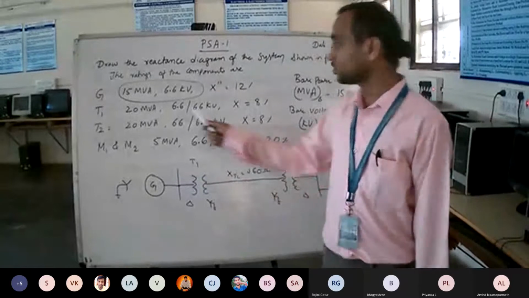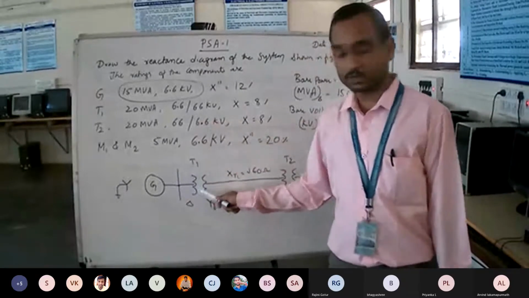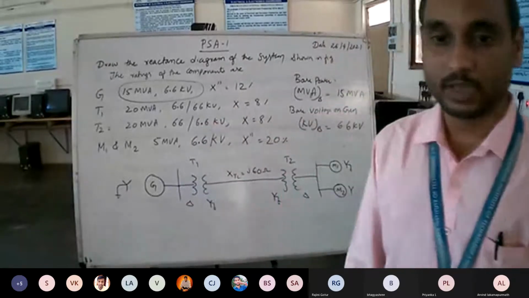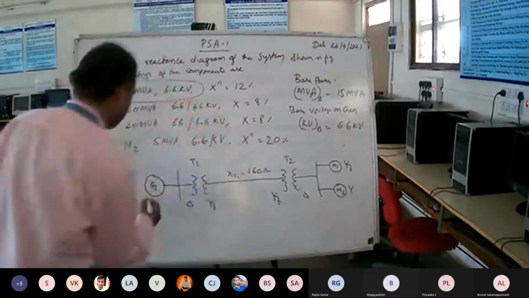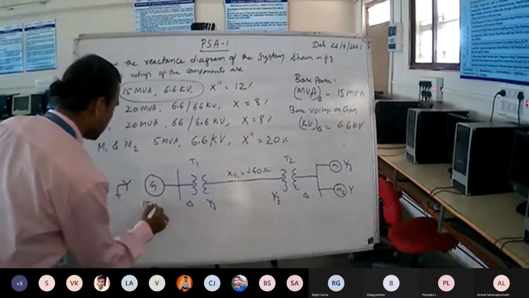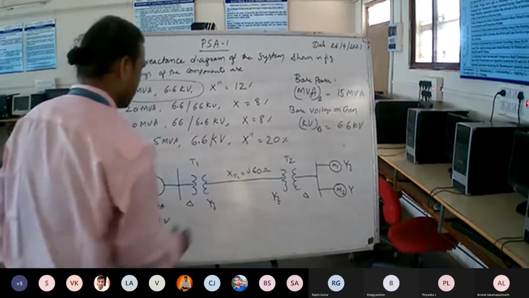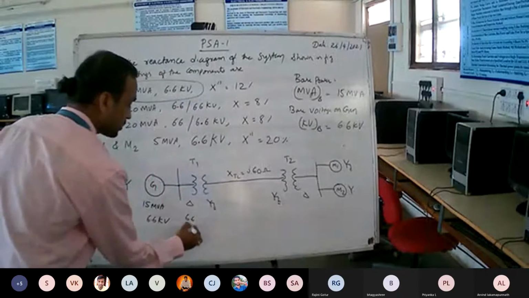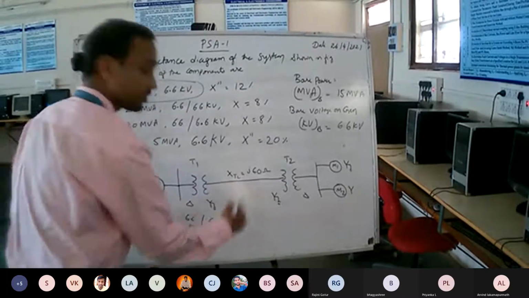What is the voltage ratio here? 6.6 kV to 66 kV is the step up transformer, and this one is the step down transformer. You may write here 15 MVA, 6.6 kV, the same base 6.6 kV, but here 66 kV.